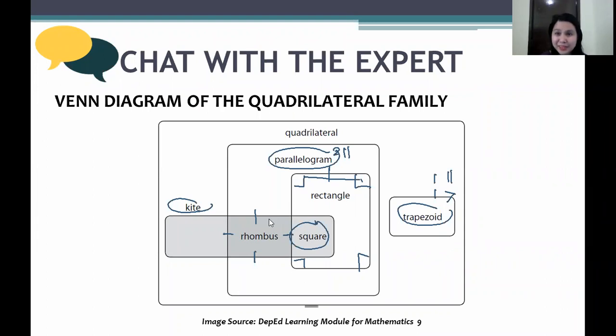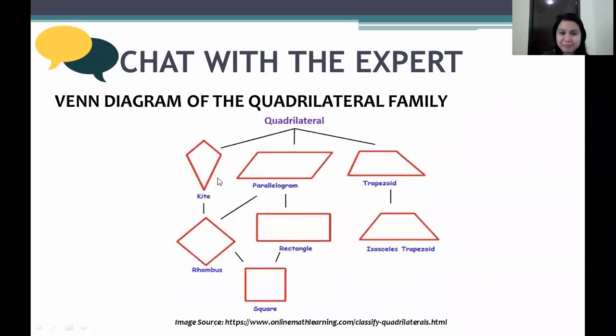Let me show you another Venn diagram. Now here. You can also place one more here. Remember the trapezium. A quadrilateral can be a parallelogram, a trapezoid, or a kite.